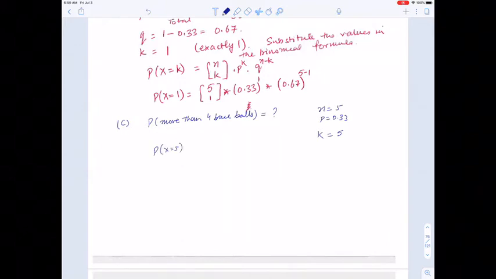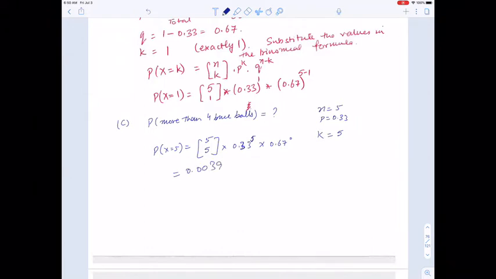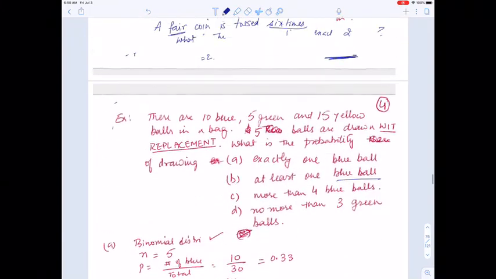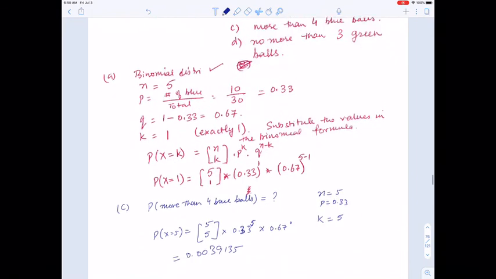So we get 0.0039135. You can keep just 4 decimal places, you don't have to keep more than that. Okay, part D, no more than 3 green balls.